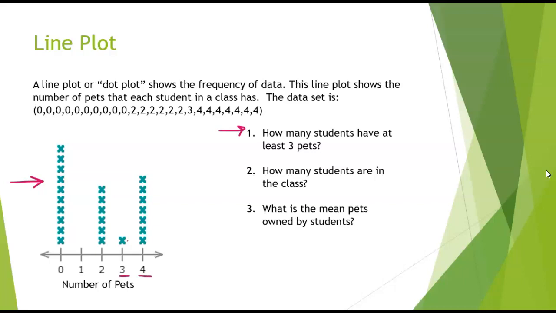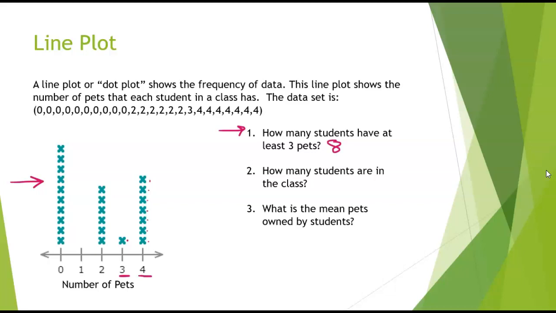So we count them. 1, 2, 3, 4, 5, 6, 7, 8. So at least 8 students have at least 3 pets. All right, let's look at question number 2. How many students are in the class?